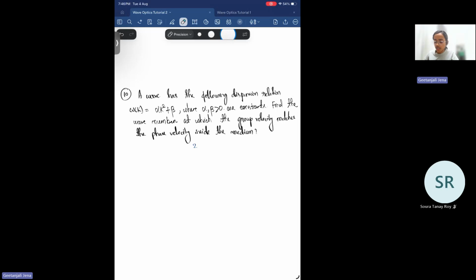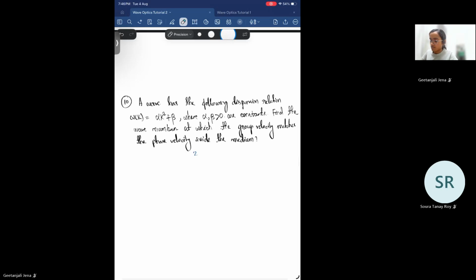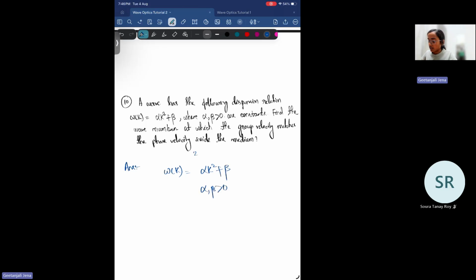So there is a wave with the dispersion relation omega of k is alpha k square plus beta. Alpha and beta are greater than 0 and are constants. You need to find the wave number at which the group velocity matches the phase velocity inside the medium.